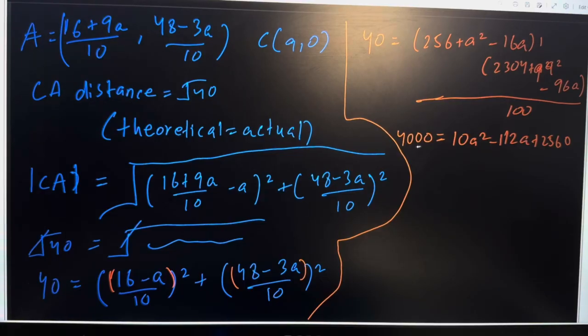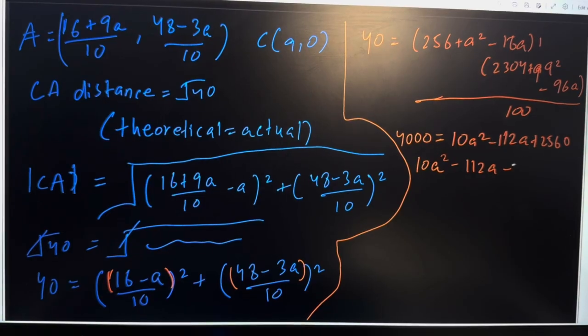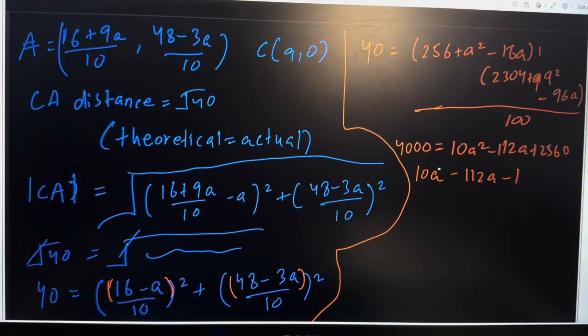And if you take again 4000 here, this becomes minus 1440. So 10a squared minus 112a minus 1440 is equal to 0.